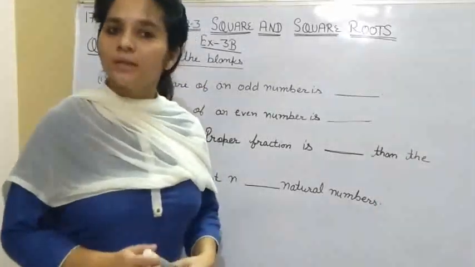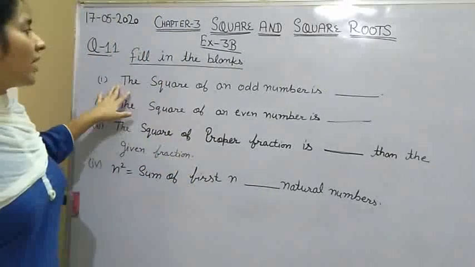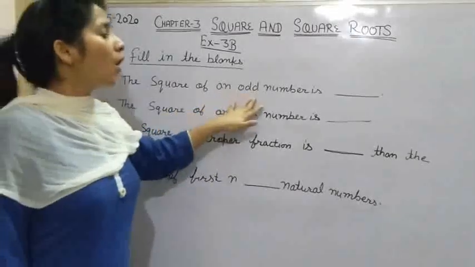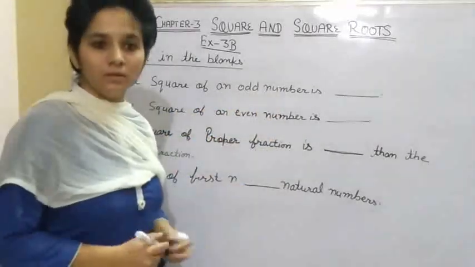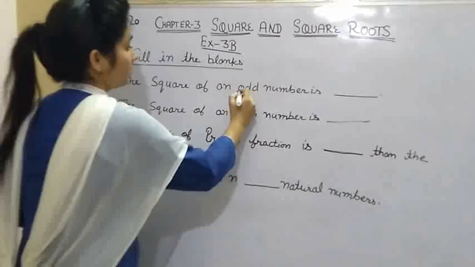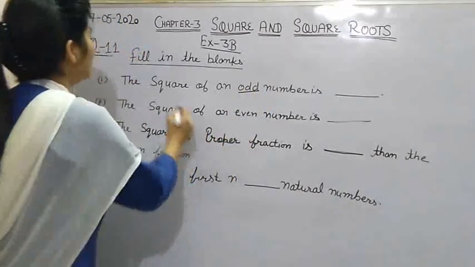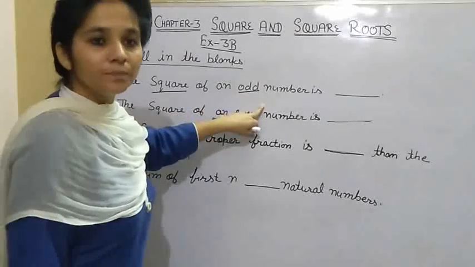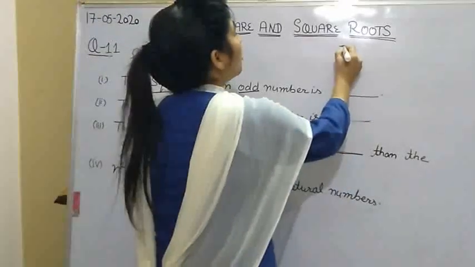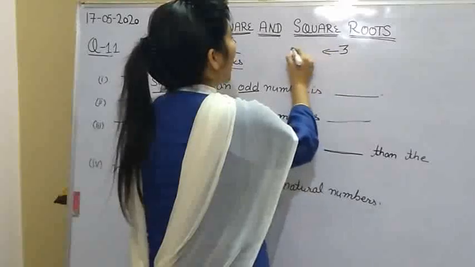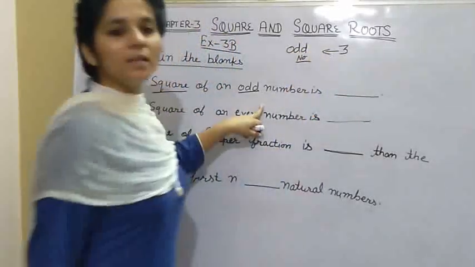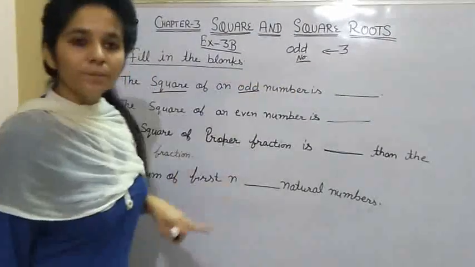Coming to question number 11, that is fill in the blanks, which is based on the properties of perfect square numbers. Your first fill up is: the square of an odd number is dash. Suppose you have an odd number. You can consider it as 3.